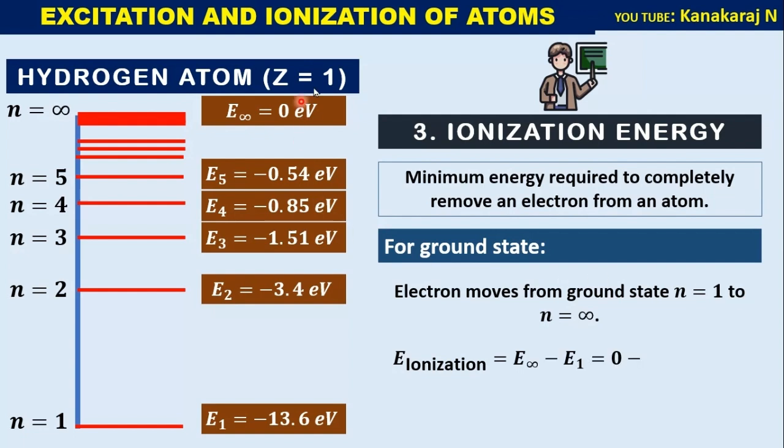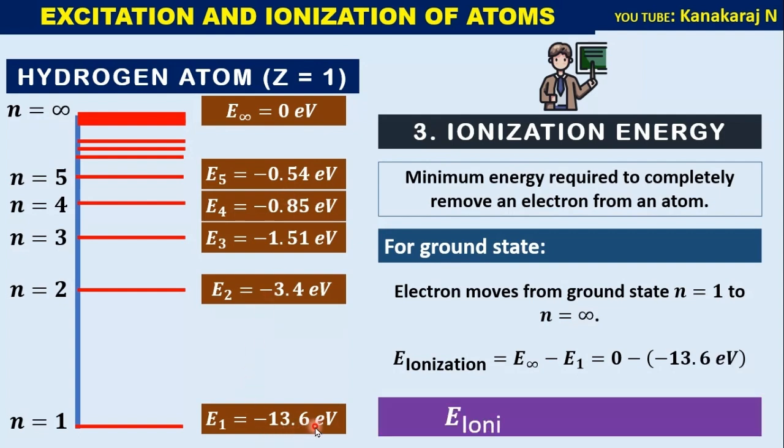E infinity is 0, minus 13.6 electron volt. So, E ionization for the ground state is 13.6 electron volt. The electron is in the first orbit. Now we supply 13.6 electron volt to this electron. It goes to the infinite state, completely escaping from the atom.